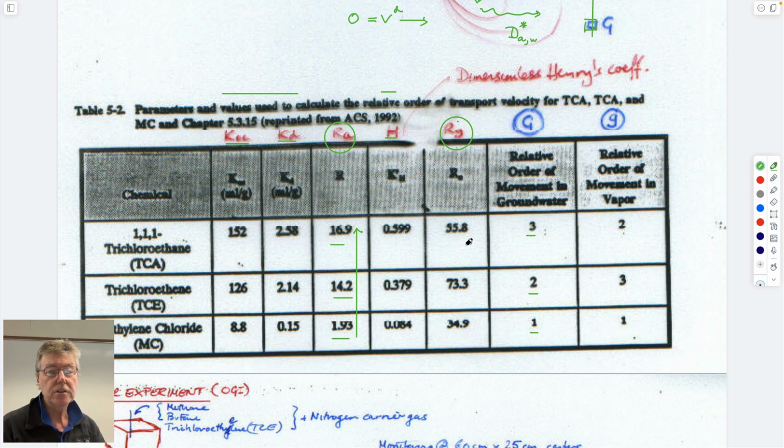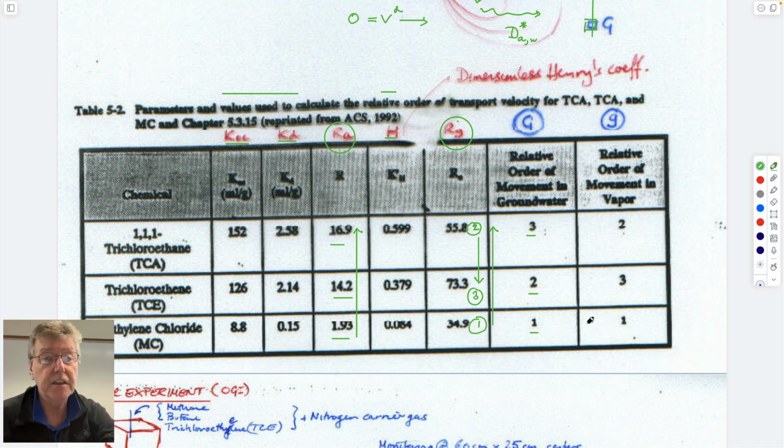If you look at the gaseous one, the first arrival will be this, but the second arrival will be this. And so for this one, it will be this, and then this to the third. And that's all this is saying here. So the order of arrival will be methylene chloride arrives first, then TCA and TCE.